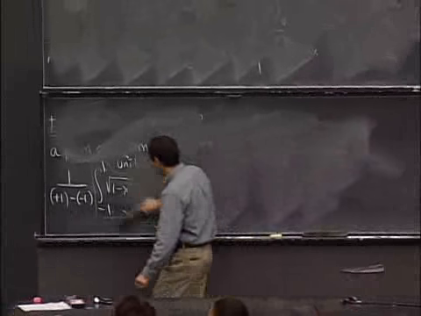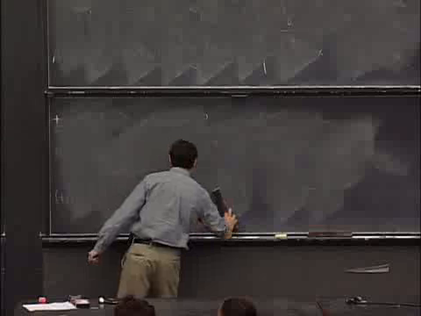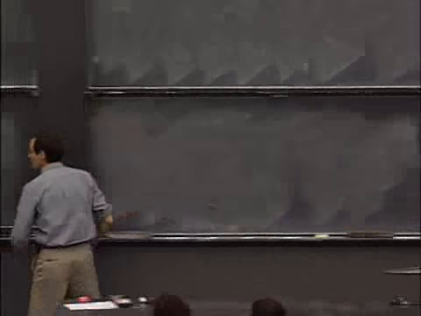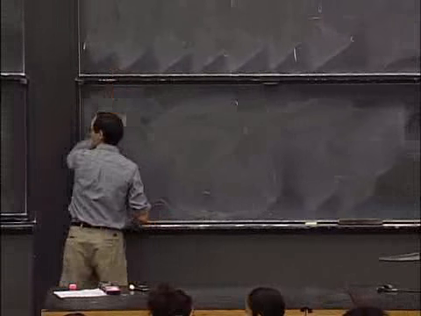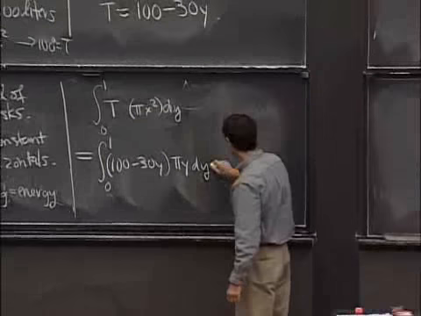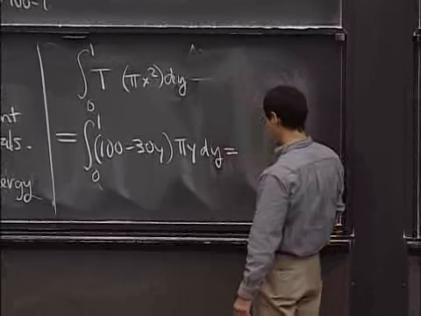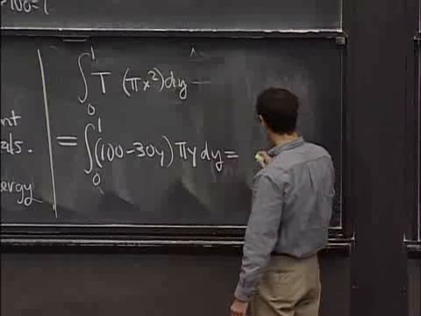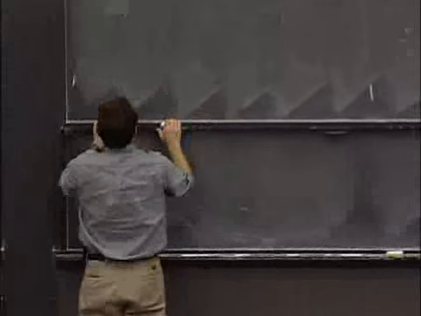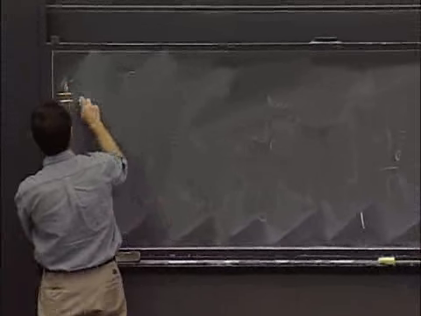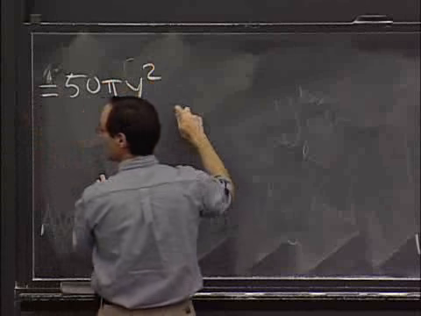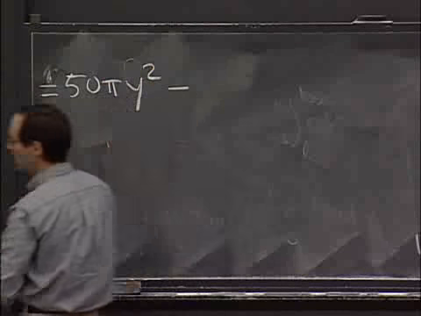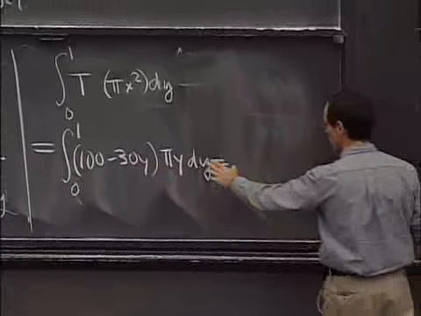Well, let's carry this out. Let's finish off the calculation here. This is equal to, what is it equal to? Well, I'll put it over here. It's equal to 50 pi y squared minus, right, because this is 100 pi y, and then there's a 30.